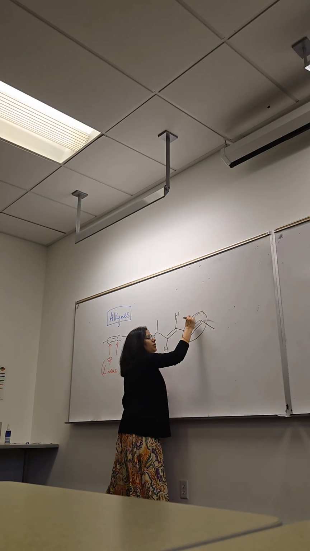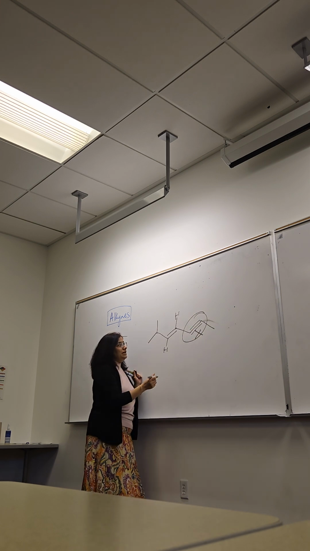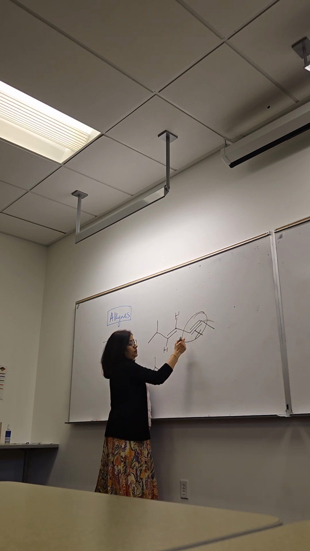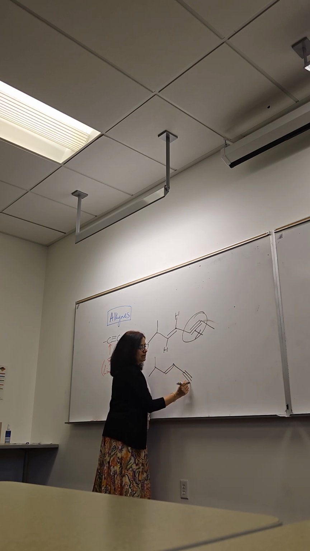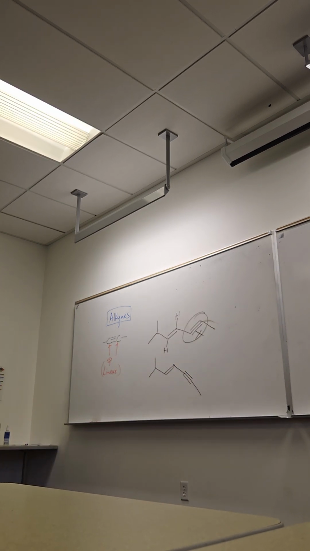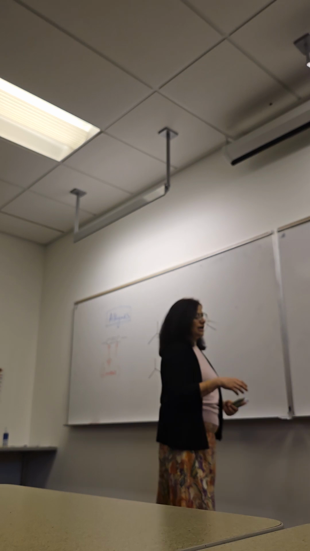But can a triple bond be angular? No. So when you're drawing it, please think about it. That's supposed to be a triple bond, so it has to be linear. We need to draw it accordingly. Sounds okay, everybody?